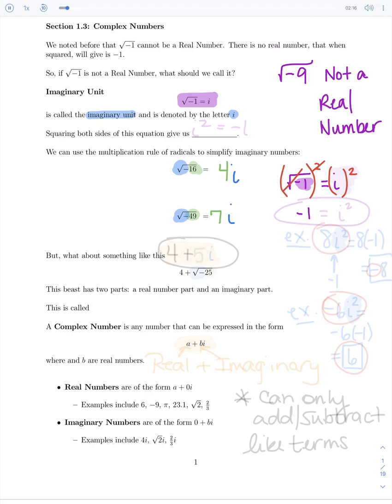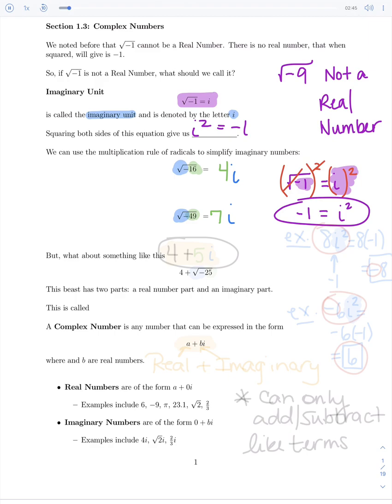But on the other side now we have an i squared. So this gives us a whole other property, that i squared equals -1. So let's record this new formula, that i squared equals -1, and we'll use this off and on throughout this section and throughout the course.